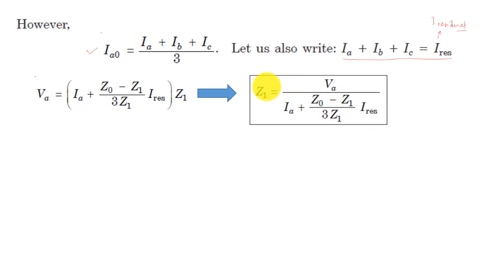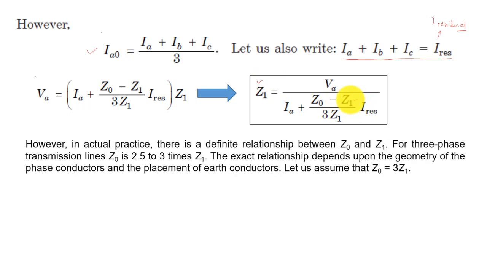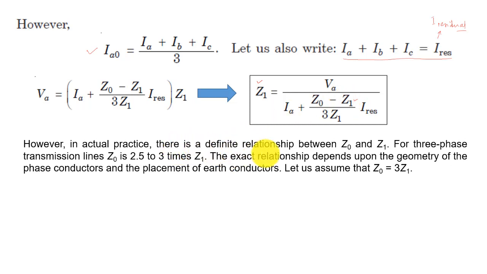In this equation we can see that Z1 is on both sides, left hand side and right hand side. We need to eliminate Z1. So how can we eliminate it? In actual practice there is a definite relationship between Z0 and Z1. For 3-phase transmission lines, Z0 is actually 2.5 to 3 times Z1. So let us consider 3 times in this equation, and the exact relationship depends upon the geometry of the phase conductors and the placement of earth conductors.